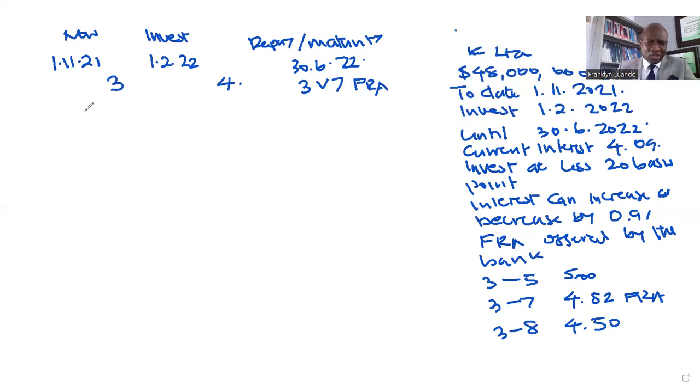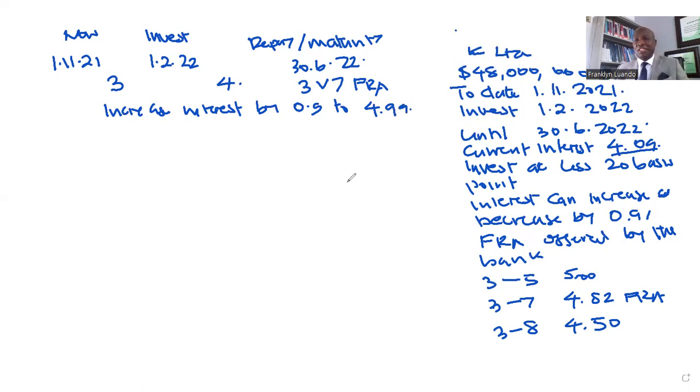Now, this is situation 1. Increase in interest will be, that is by 0.9. So this will be, the current interest is 4.09 plus 0.9, it will be 4.99 interest.